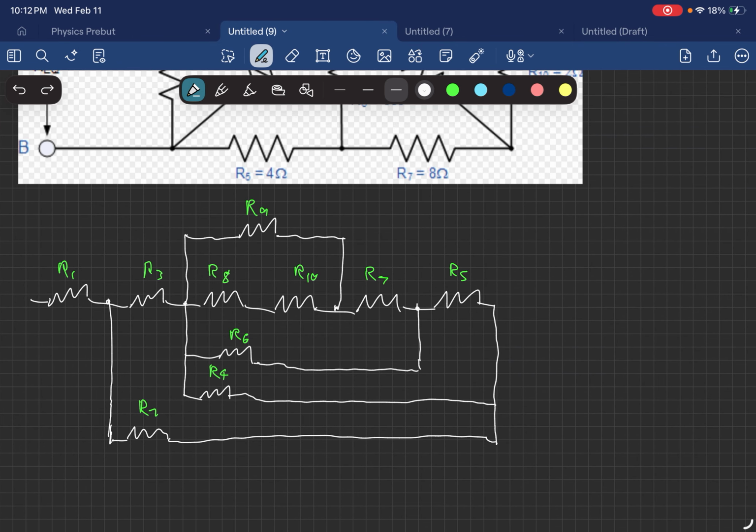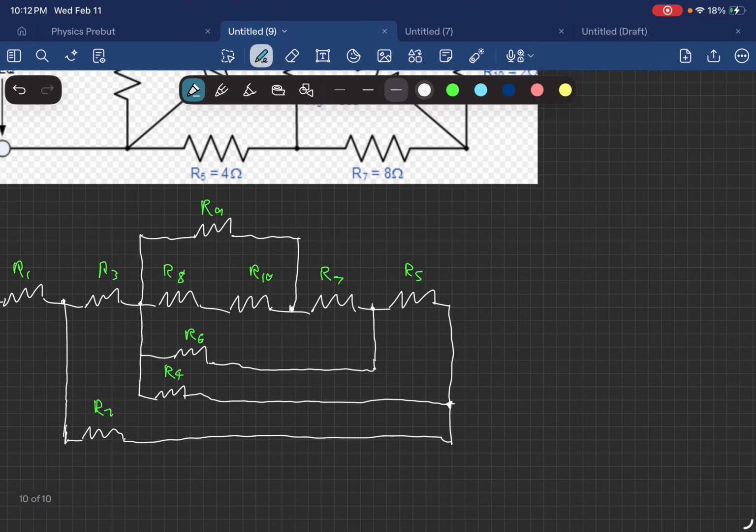So remember when you're looking at a circuit, what you want to do is find which is series first, and then you build off that. Let's look at what is series. If you look at what is series here, it's just R8 and R10.